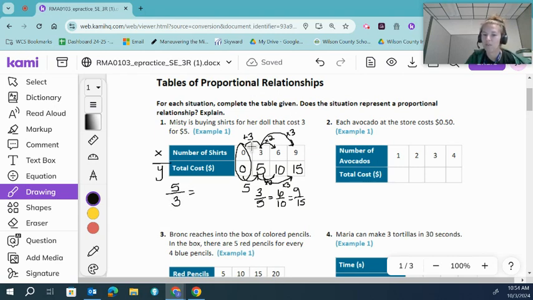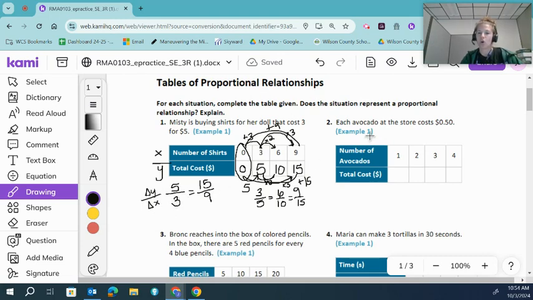Now if we look from 0 to 9, that goes up 9, and 0 to 15 goes up 15. But if I still write that ratio as the change in y is 15, the change in x was 9, notice 15 over 9 simplifies to 5 over 3. So those are equivalent fractions. We do the change in y over the change in x. That's how it's typically represented.